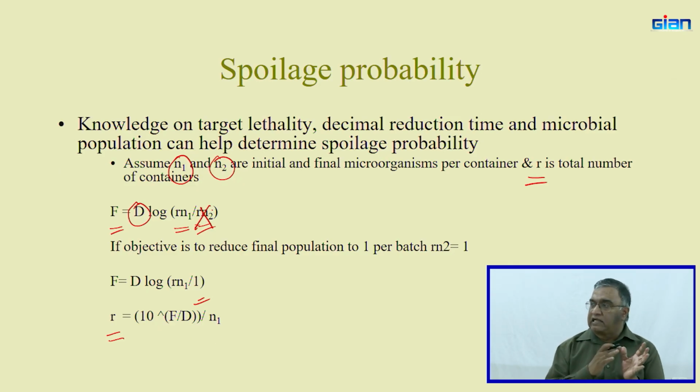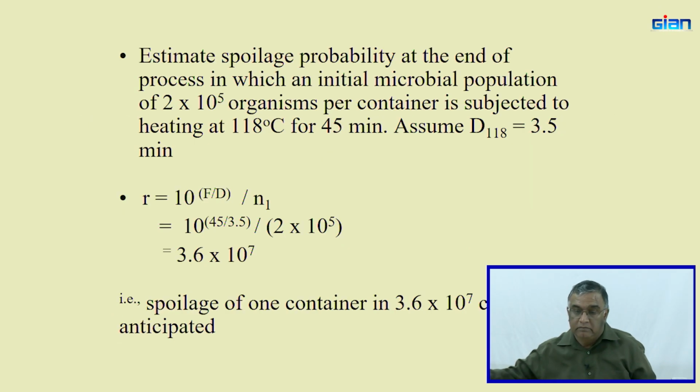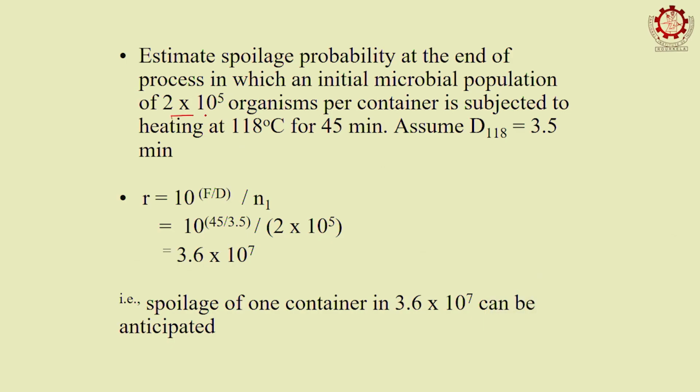So, this can help you determine the likelihood of spoilage happening in a particular canned product. In this example, you have 2 into 10 power 5 organisms per container, and you are processing for 45 minutes. Your D value at 118 is 3.5 minutes.